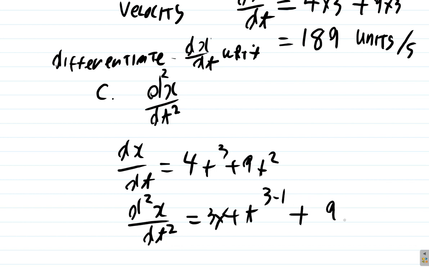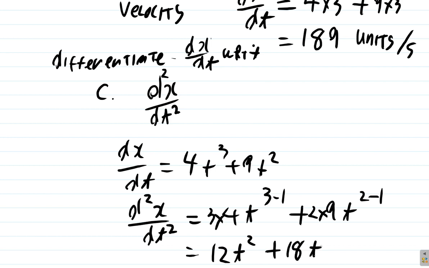Plus, for 9t squared, bring down the 2 and multiply, so 2 times 9t, subtracting 1 from the power. So we have 3 fours, 12t squared, plus 2 nines, 18t to the power of 1, which is just t.